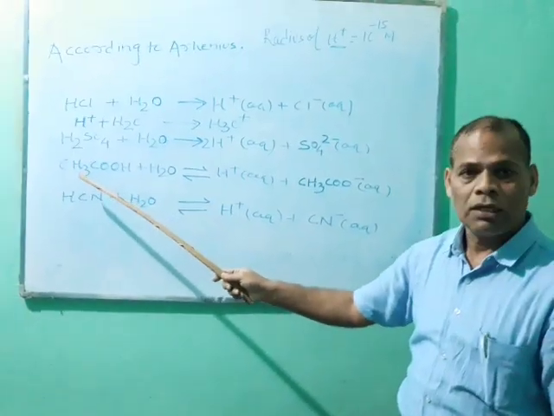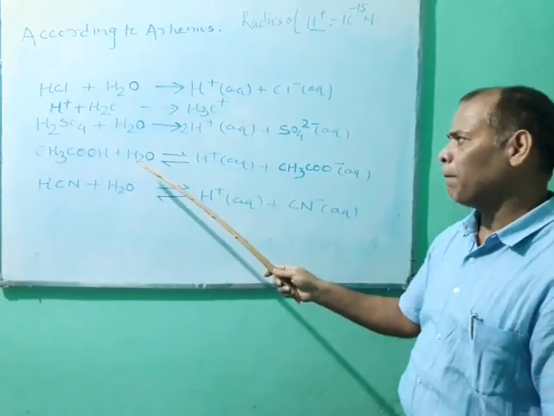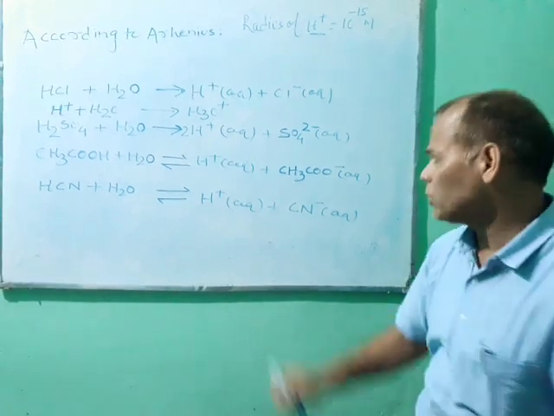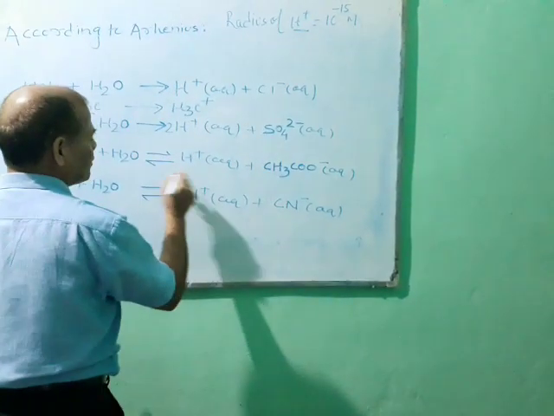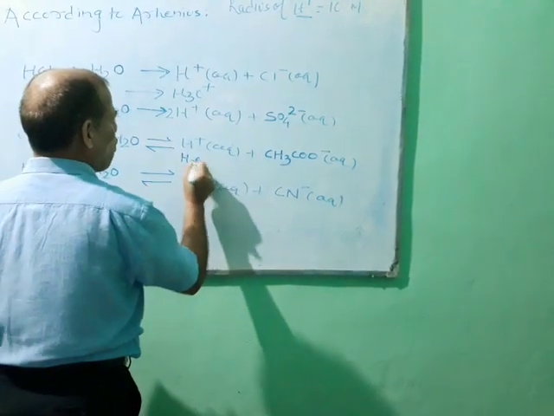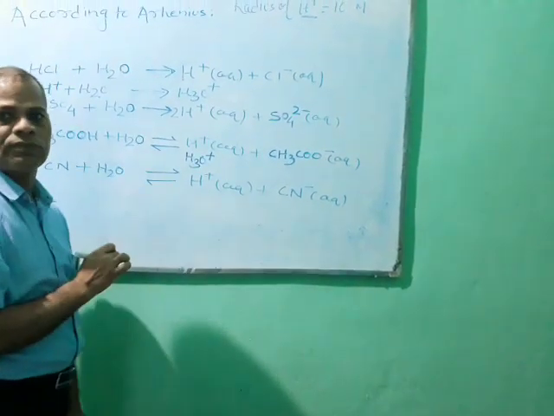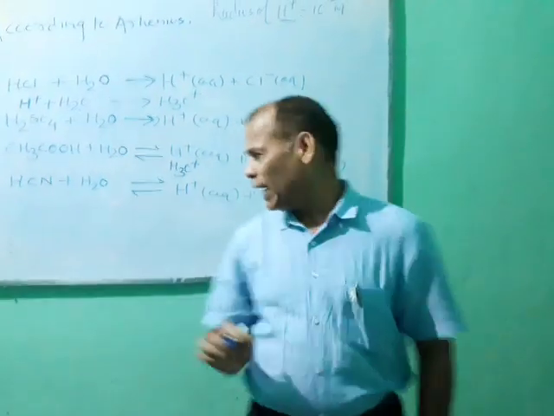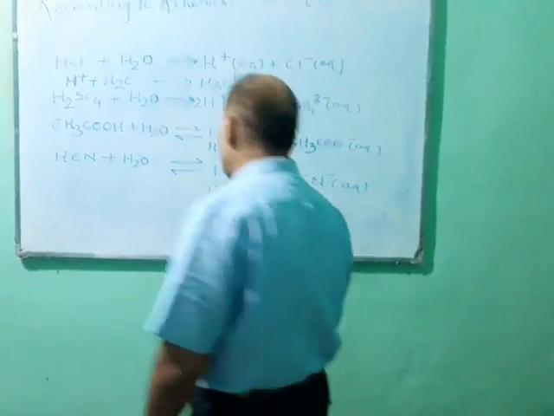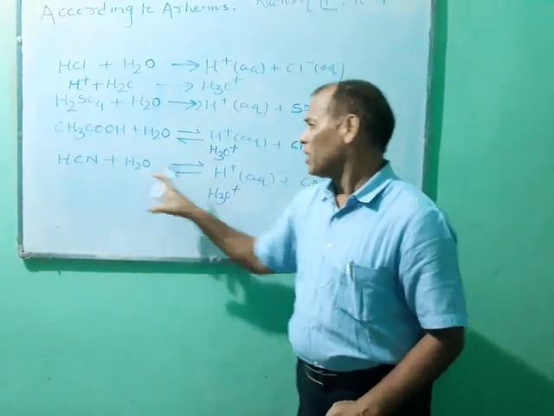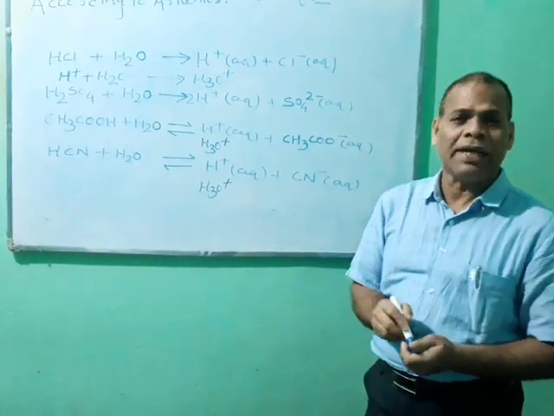Example, CH3COOH plus H2O, giving H plus or also you can write H3O plus. So here it is represented by a double headed arrow.